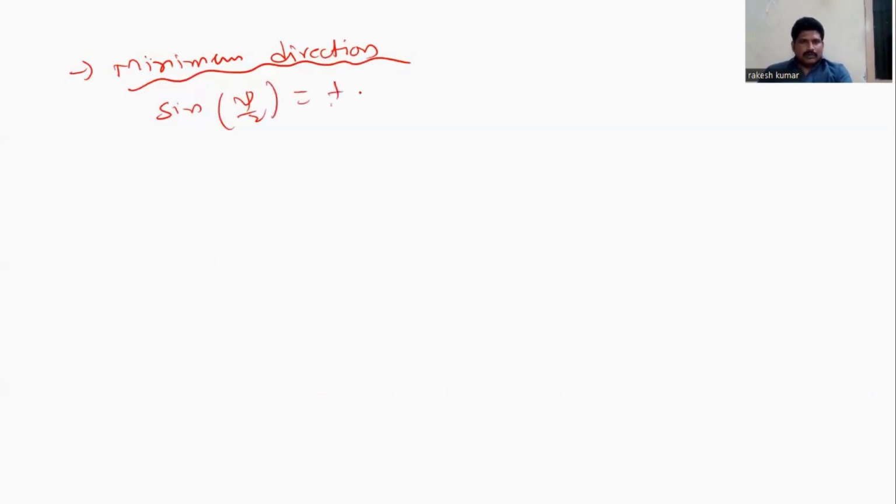Similarly, let us check for the minimum direction. The same condition: sine of psi by 2 is equal to plus or minus 0, where psi is equal to beta d cos theta and d is equal to lambda by 2.